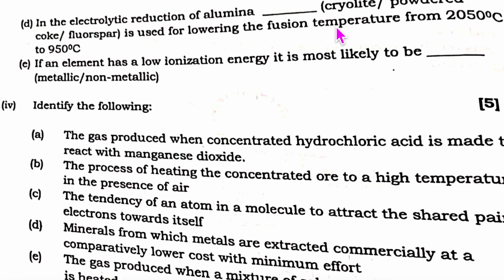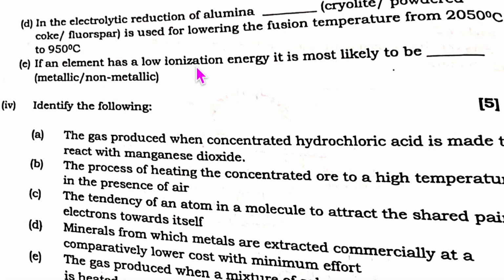So fluorspar has two functions, lowering the fusion point and increasing the conductivity, and cryolite has all three functions. Although fluorspar is correct if you have written it, my experience is that the examiners have given cryolite as the correct answer. They should have mentioned cryolite and fluorspar together as the option.